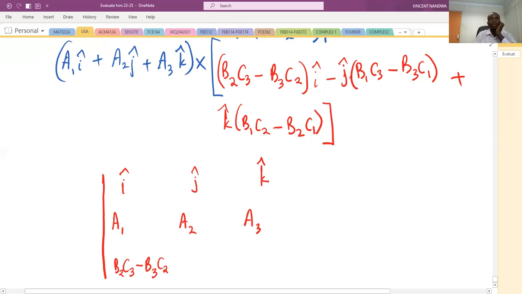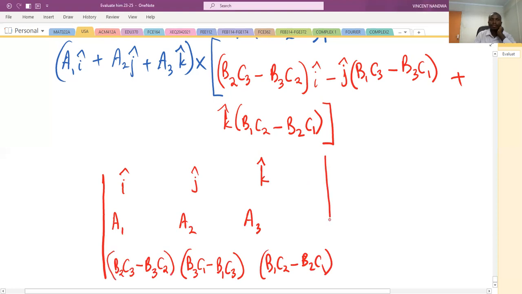Then this one, opening, this will be plus, this negative, so I have B3C1 minus B1C3. This other one will be B1C2 minus B2C1. That's what we have.